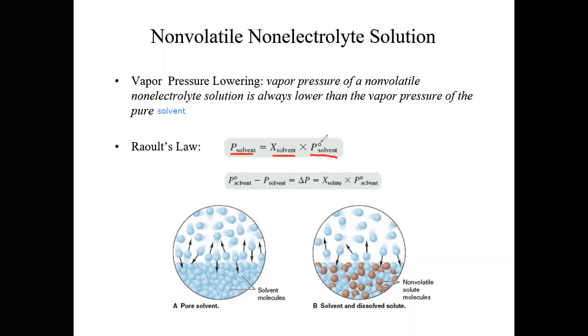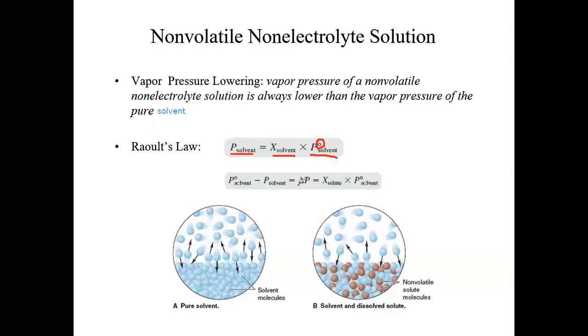And so the equation we use is P of solvent is equal to the mole fraction of solvent times the vapor pressure of the pure solvent. So this naught sign as a superscript indicates the vapor pressure of the pure solvent. Without the naught sign is the vapor pressure of the solvent in the mixture. So if you know its mole fraction and you know the original vapor pressure of the pure solvent, you can calculate the vapor pressure of the solvent in the mixture.